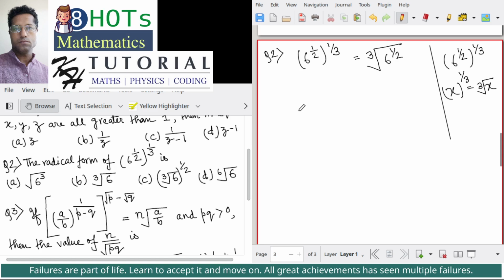Now, clearly, how can we further simplify this? Can we further simplify this in a more radical form?